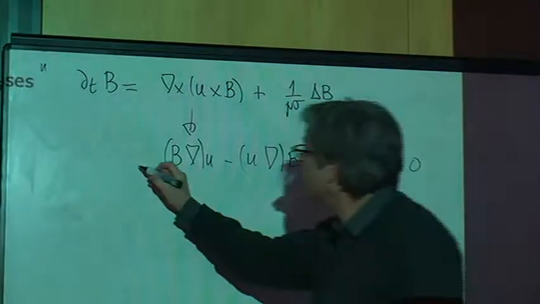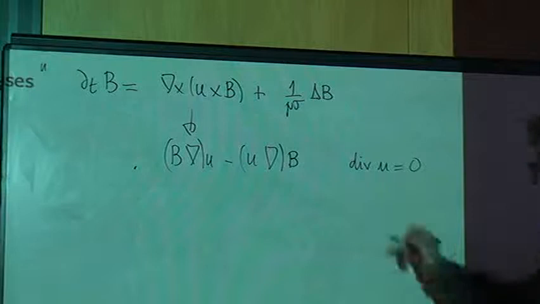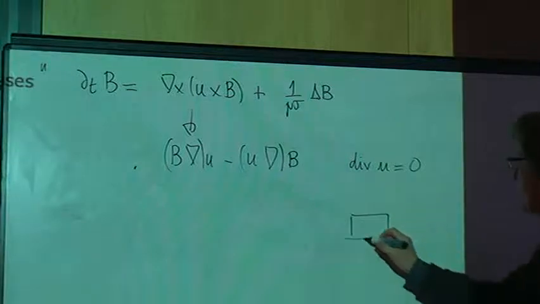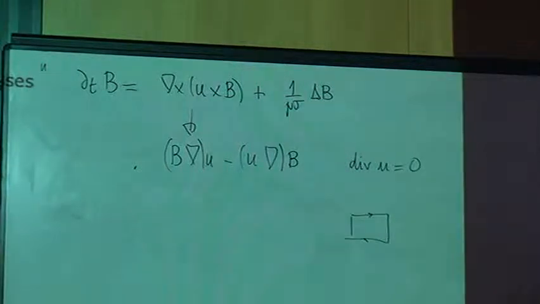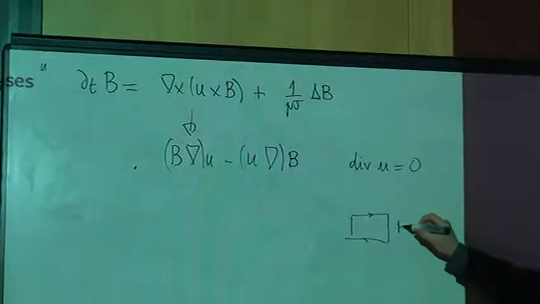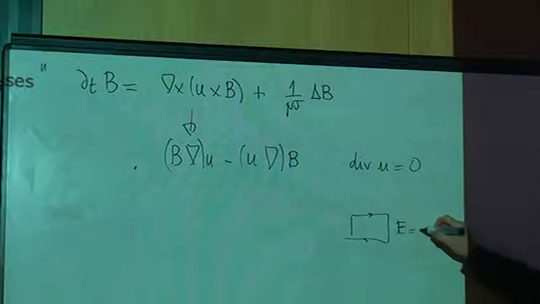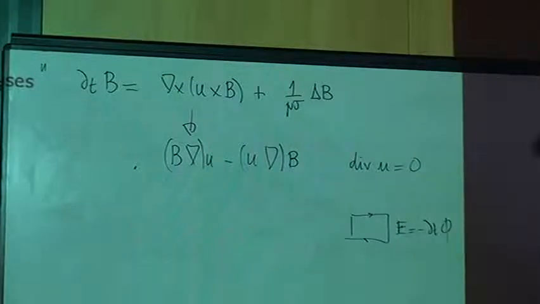Another way to think about it is, in your mind, to try to draw a small circuit, okay, and look at how the motion will eventually assume that that circuit that you put into the flow is carried with the flow, and try to figure out how that circuit is deformed and what induction processes work on it, by the fact that there will be an electromotive force which is equal to minus d phi dt.